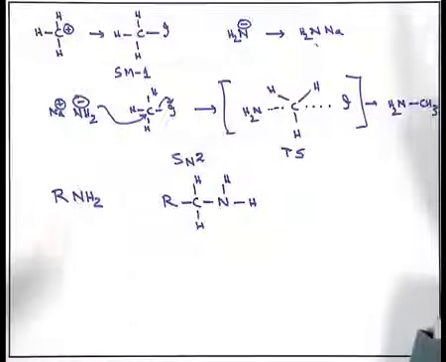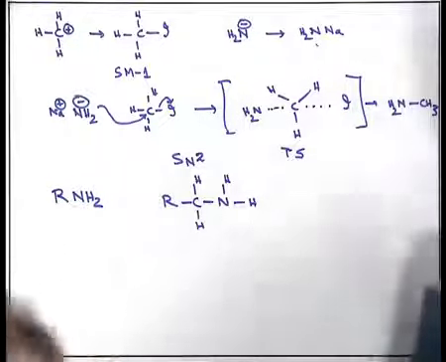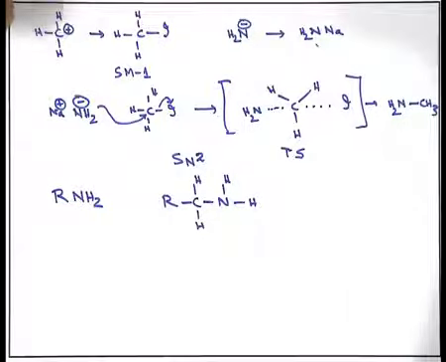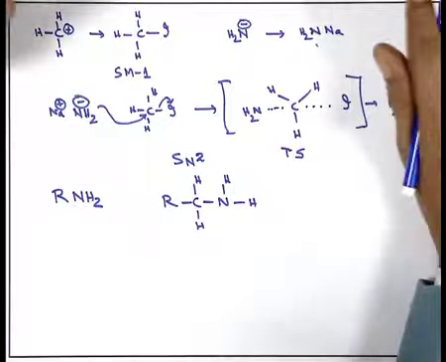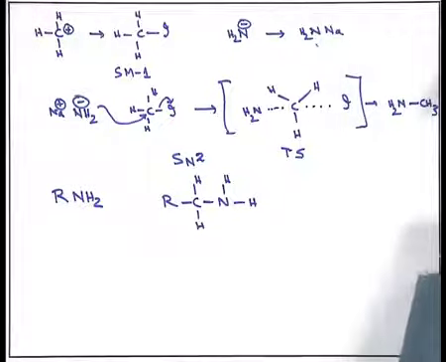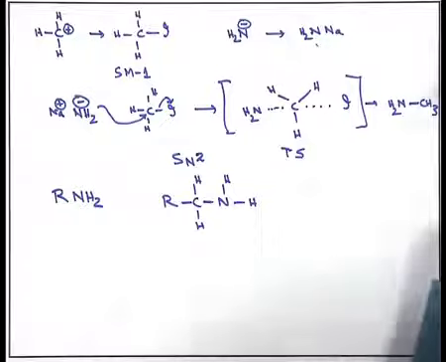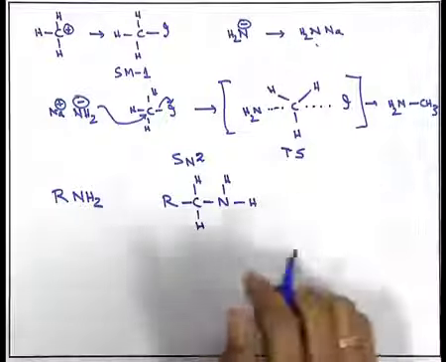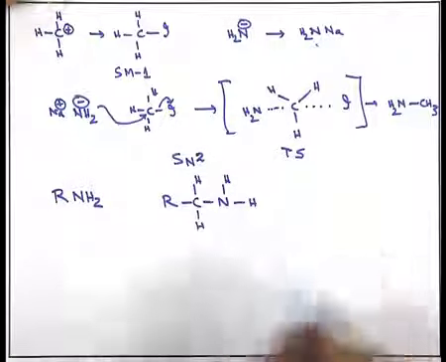I told you that it is not restricted to only this type of reaction, there are several other possibilities. It may be CH3 minus reacting with N plus, but this is one of the simplest ways to make the alkyl amine.